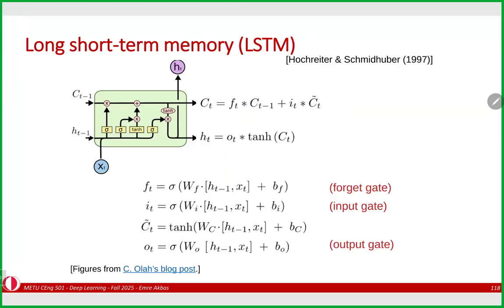You have a forget gate, an input gate, and an output gate, and the current cell state is calculated by this update equation. It uses the previous cell state and the newly computed cell state and combines them using the forget and input gates, and the output is decided by the output gate here. So this is LSTM.